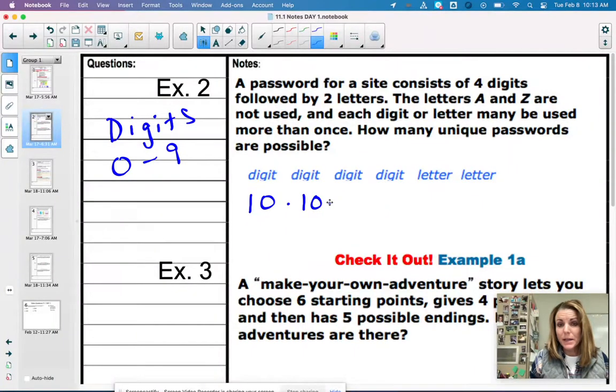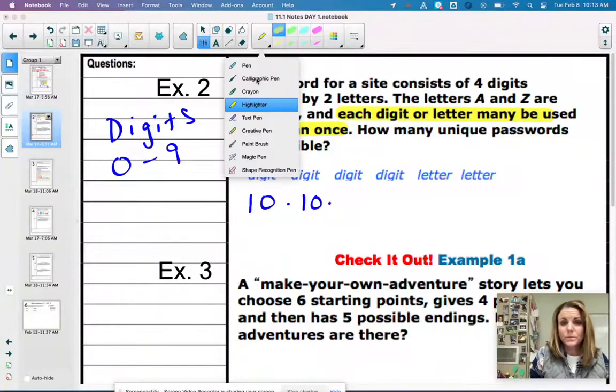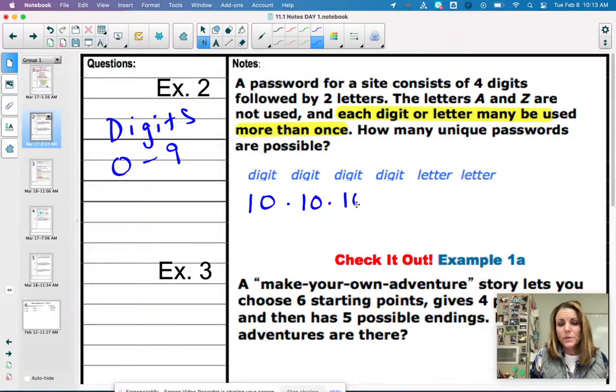And another 10, because it says each digit or letter may be used more than once. So then another 10, another 10. So the first 4 parts of this password are digits.